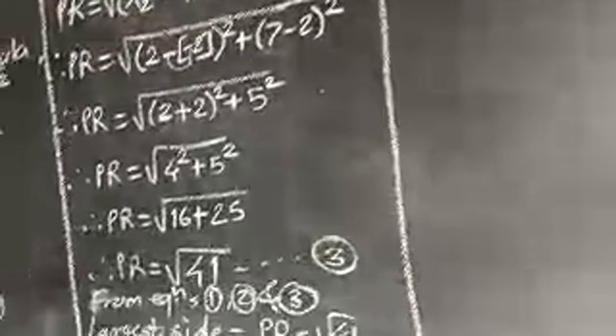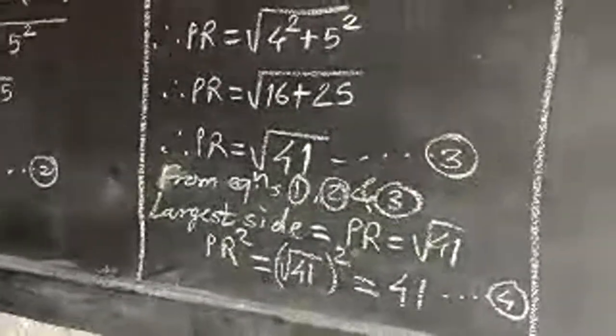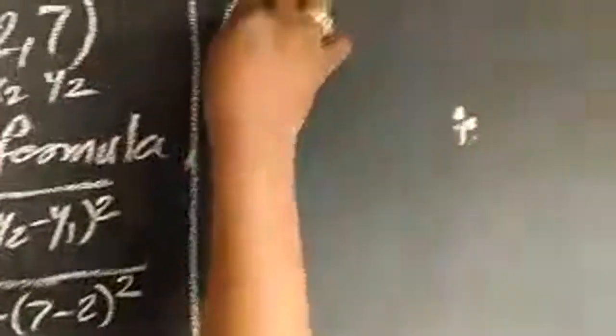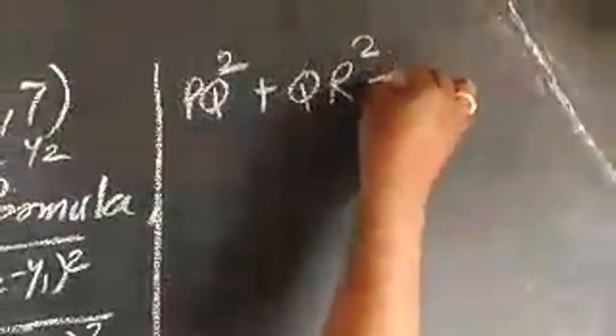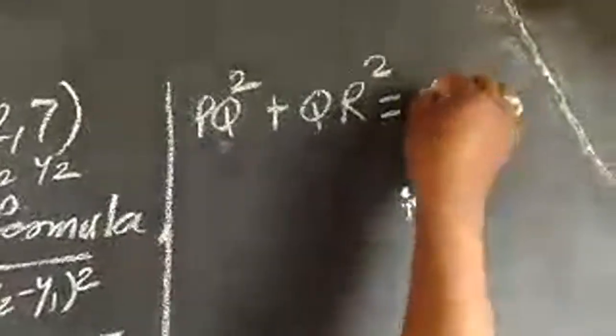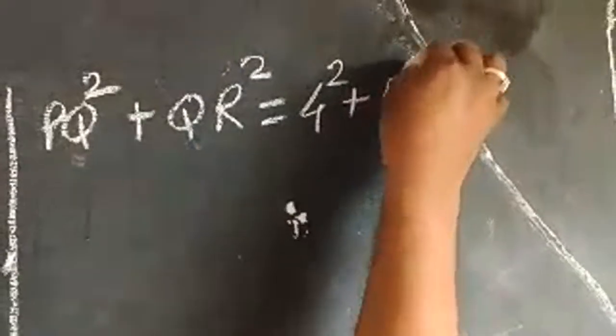Addition of the remaining two sides' squares: PQ square plus QR square. The remaining two sides are PQ and QR, and we add their squares here. The value of PQ is 4, its square, plus the value of QR is 5, its square.